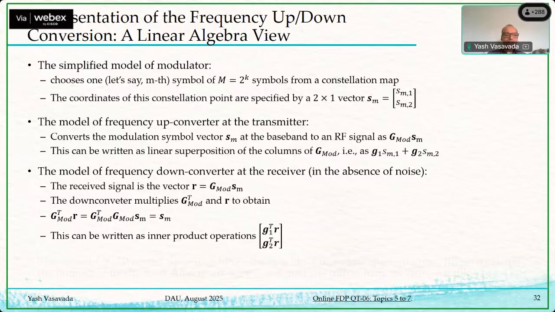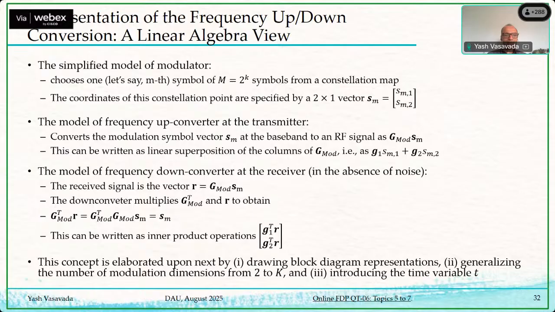Okay, so that essentially is the principle of frequency up conversion and frequency down conversion viewed from a linear algebraic perspective. Now, here, as I have shown, this vector S of m is two-dimensional. It does not have to be two-dimensional.